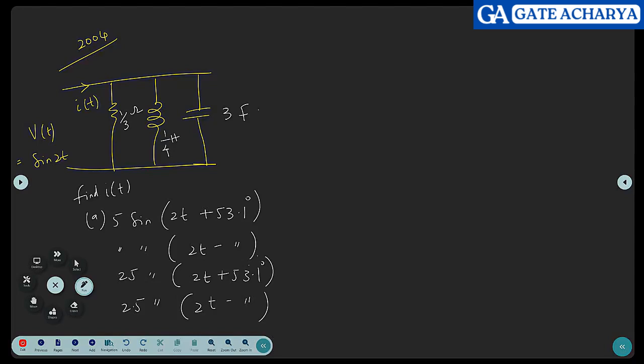It's not L, it is 1 by XL. Now that is equal to I by V. Agreed? The net admittance 1 by Z is 1 by R plus 1 by XC plus 1 by XL.